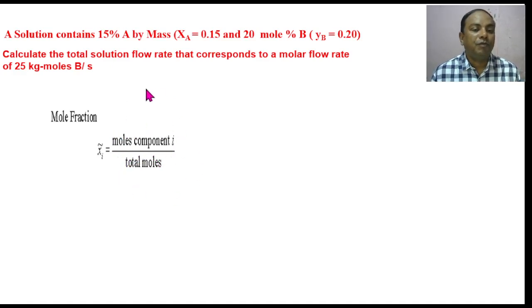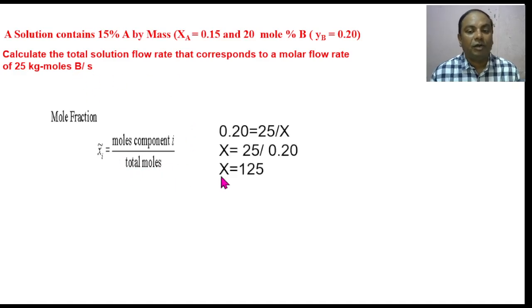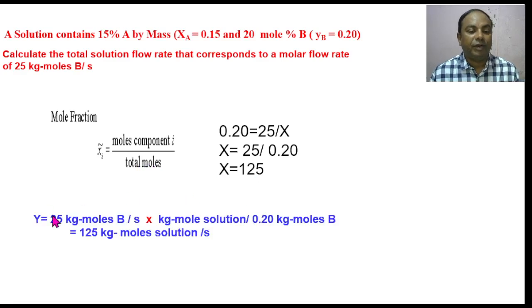The moles of constituent B in the total solution flow rate is 25 kg moles, so the numerator we know and the mole fraction we know. What is to be determined is the total moles. Put all these values in the equation and total moles comes out to be 125 kg moles.